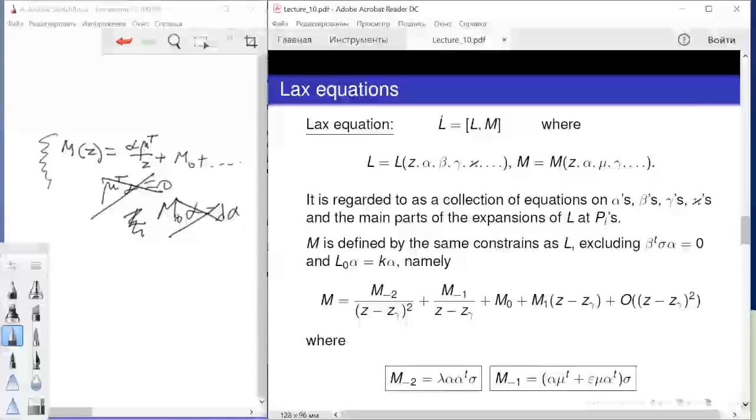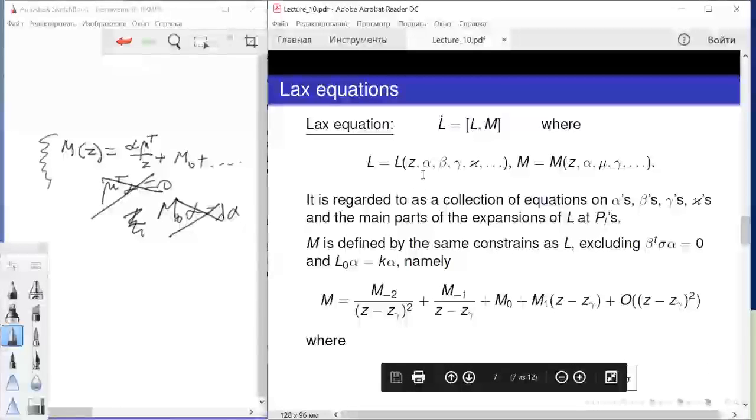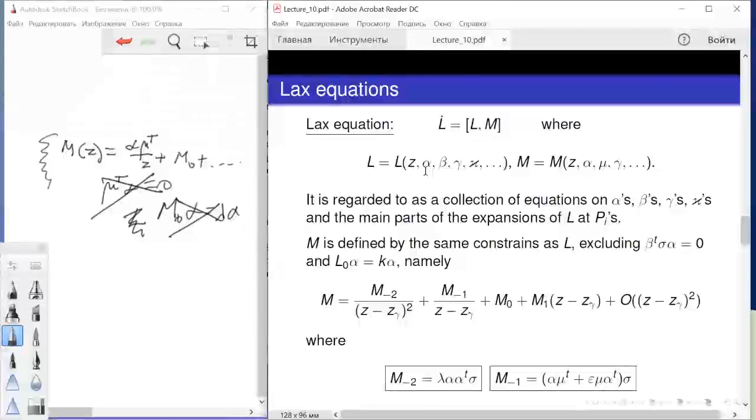So dynamical variables are the following. First of all, these are alpha, beta, gamma points on the Riemann surface, and kappa.